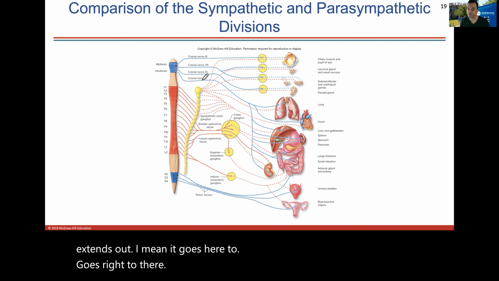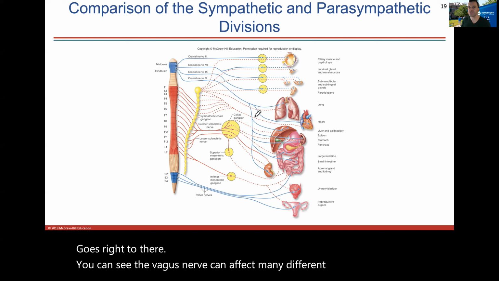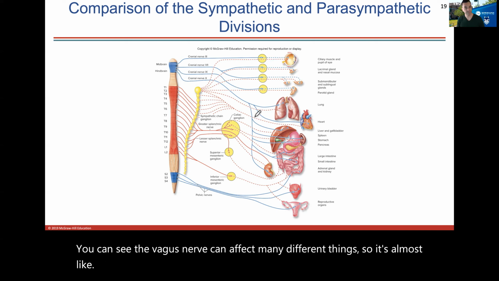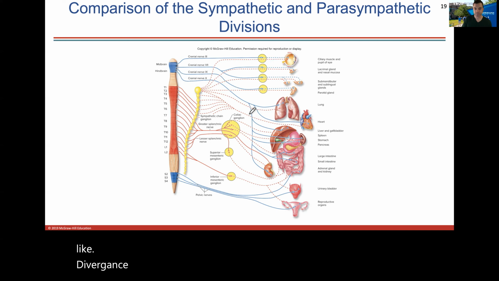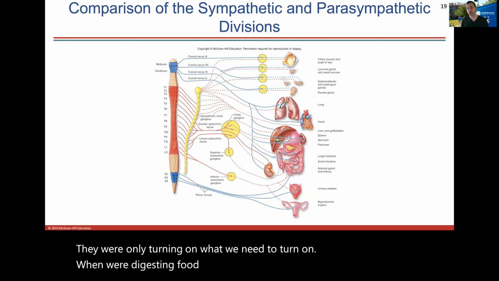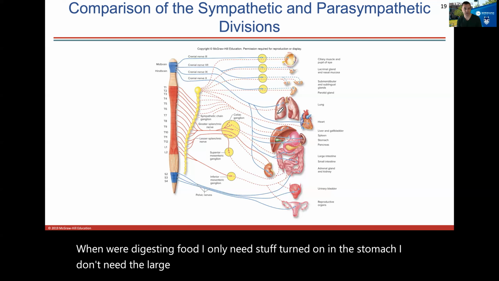You can see the vagus nerve can affect many different things. So it's almost like some divergence. But you can see it's giving off branches and it's only very discrete activation here. And we're only turning on what we need to turn on. When we're digesting food, I only need stuff turned on in the stomach. I don't need the large intestine or the small intestine turned on. So we can be very discreet in what we do here.